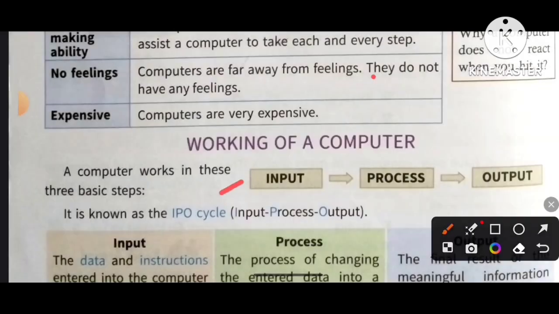First one is input, second one is process, and third one is output. These basic steps help us to know about the working of a computer. This is known as the IPO cycle, the input process output cycle.